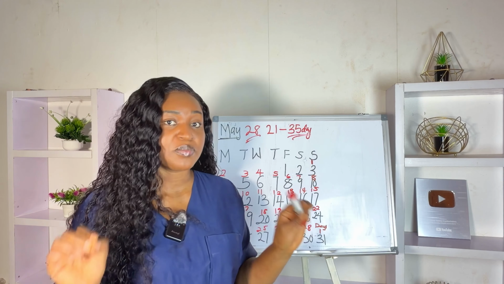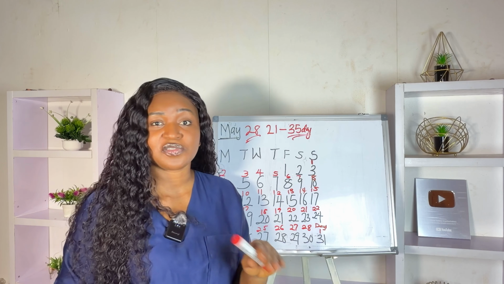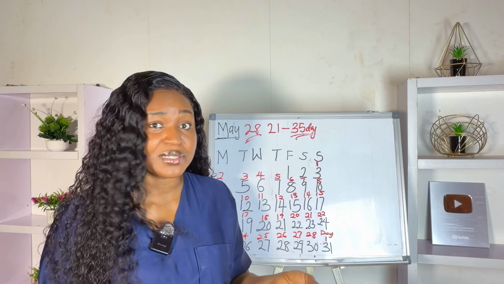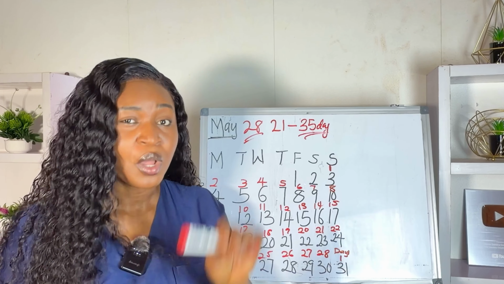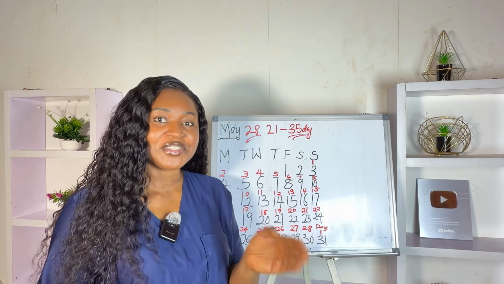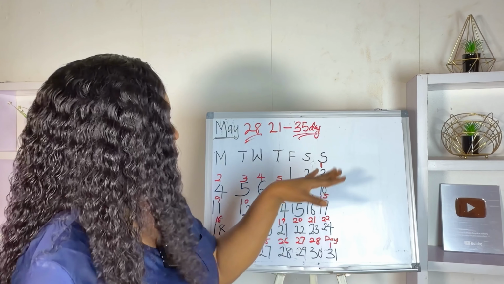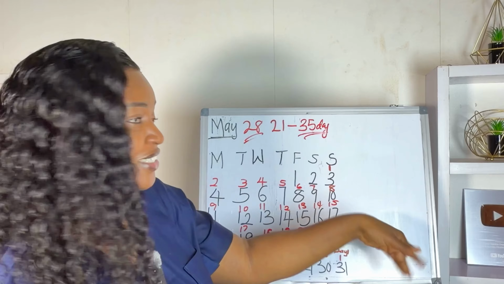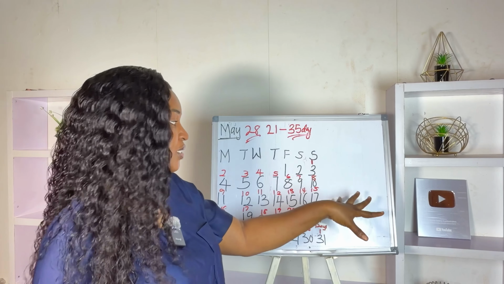For you to be able to use this method, you must have noted your period dates for at least 6 months. It could be higher than 6 months, it could be 9 months, 12 months, but not less than 6 months. So we're going to be assuming that we have a recording of a lady for the past 6 months, which is what I'm going to be writing here. Since I don't have a large board, we'll just manage this space.